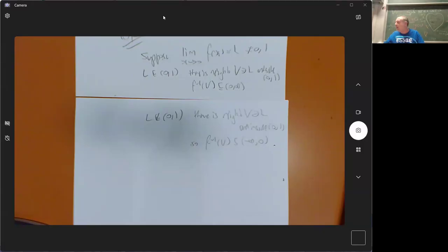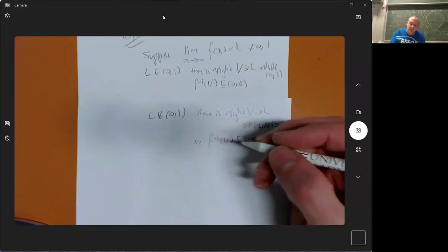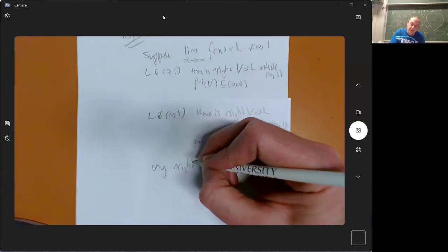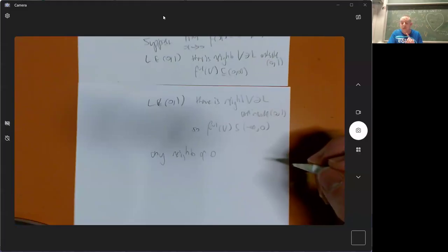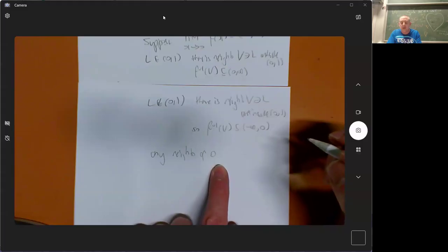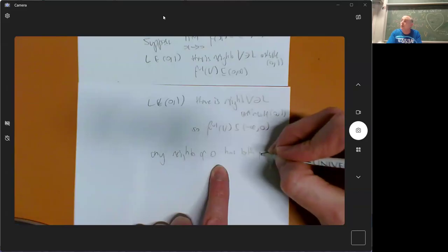There has to be a neighbourhood that contains the point of interest, right? It has to be a neighbourhood of C. And so there are no neighbourhoods that contain 0 that go into V. And so any neighbourhood of 0 has both positive and negative numbers.